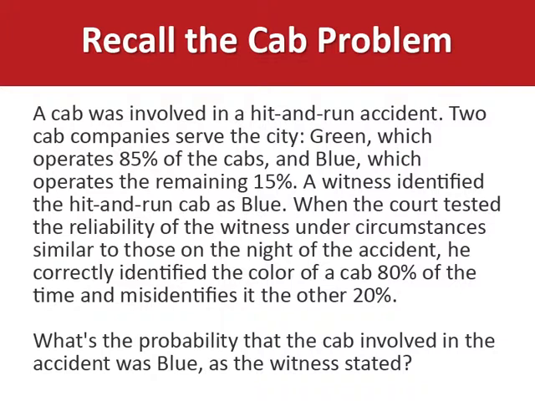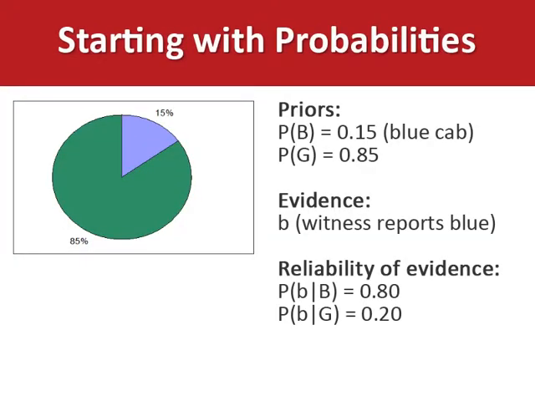And what we find is that the witness is right 80% of the time and wrong 20% of the time. And what we're really interested in is what is the probability that the cab in the accident was blue just as the witness stated.